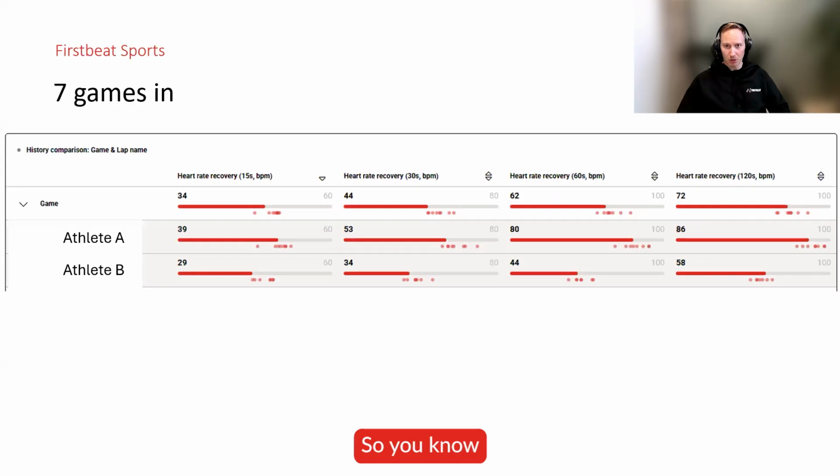And those are quite normal values for these athletes in the last 7 games recorded. You know this based on the dots underneath the chart. So 80 is the last value recorded in a game, and then the dots underneath the chart represent the history values for each athlete.